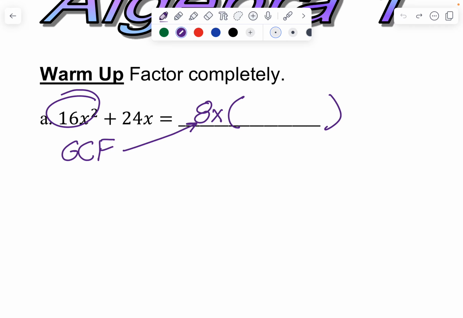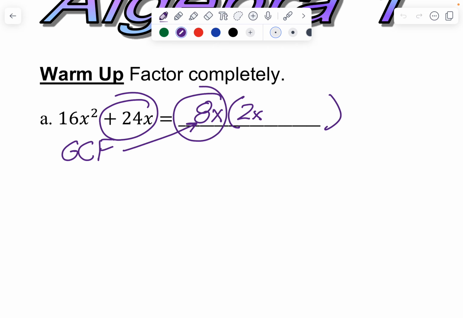Either way, both of those give you that first term, which is going to be a 2x. Then to find that second term, we do the exact same thing. 8x times what will give you a 24x, or 24x divided by 8x. And when we do that, we get a positive 3. So that is our answer factored completely.